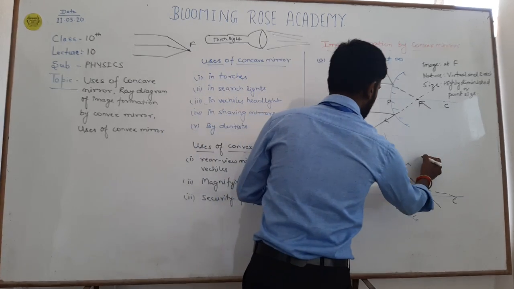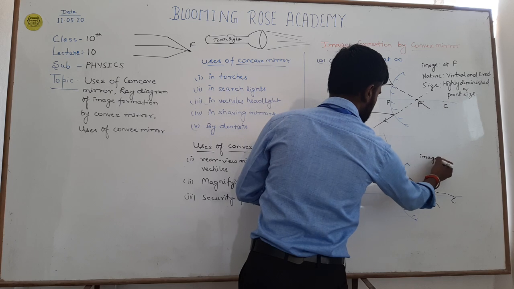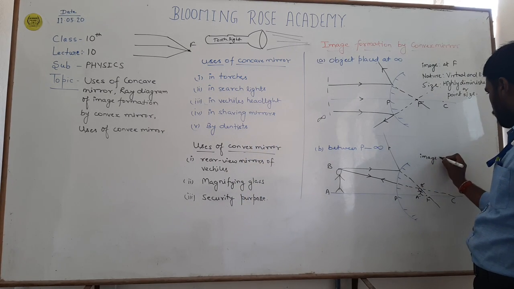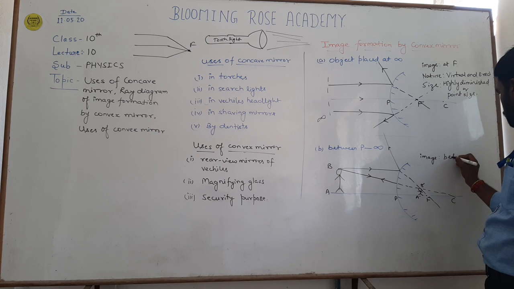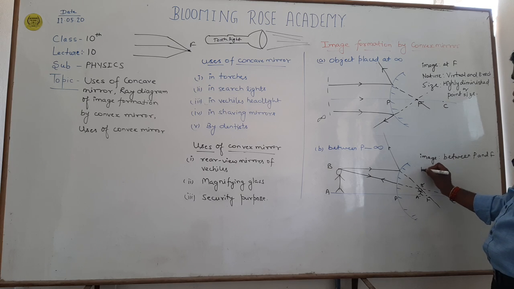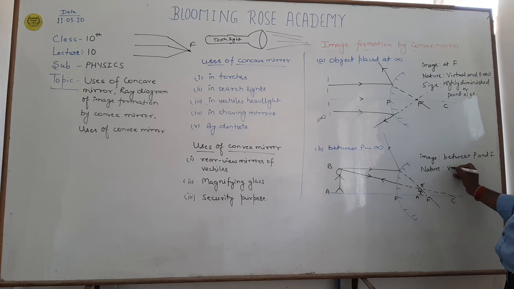So here the image of the object is between P and F. What about nature? The nature of the image is virtual and erect.